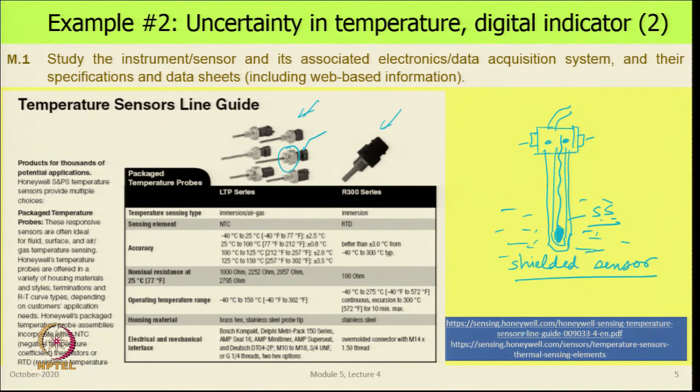Sometimes these environments can be quite harsh and they can damage this device. Thermocouples, in some cases, can be used without the shield, but RTDs are always with a shield, and so are the NTC, which is written here, negative temperature coefficient or thermistor.